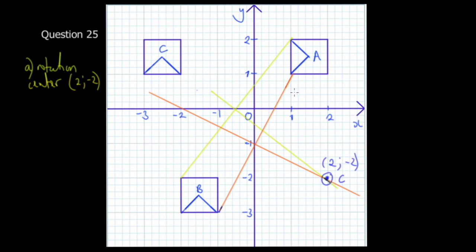And you also have to find the angle of rotation as well. So how do you find the angle of rotation? Let me just use my ruler once more. For the angle of rotation, you join a corresponding point to the center. So it would be this.